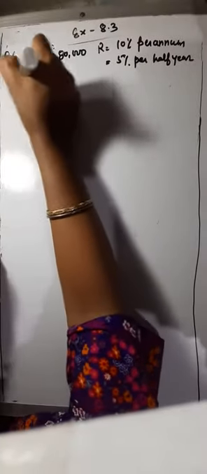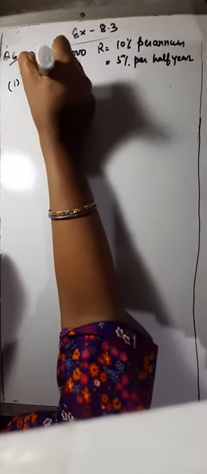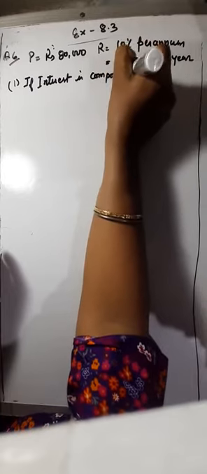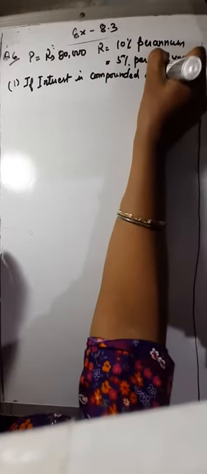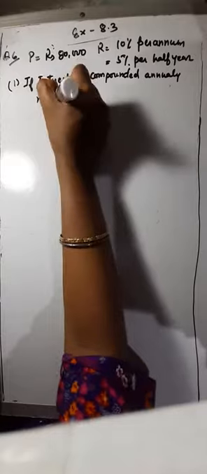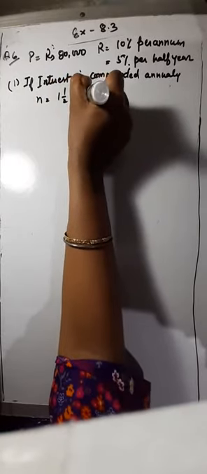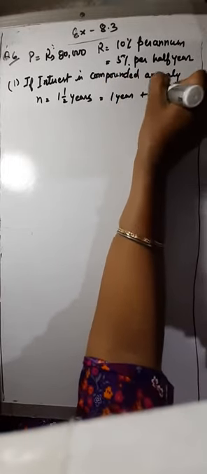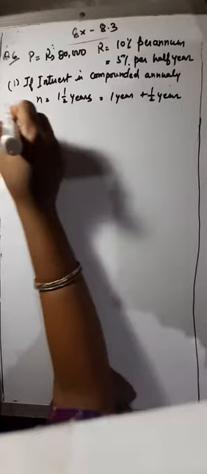If interest is compounded annually, then n is equal to 1/2 years, is equal to 1 year plus half year.